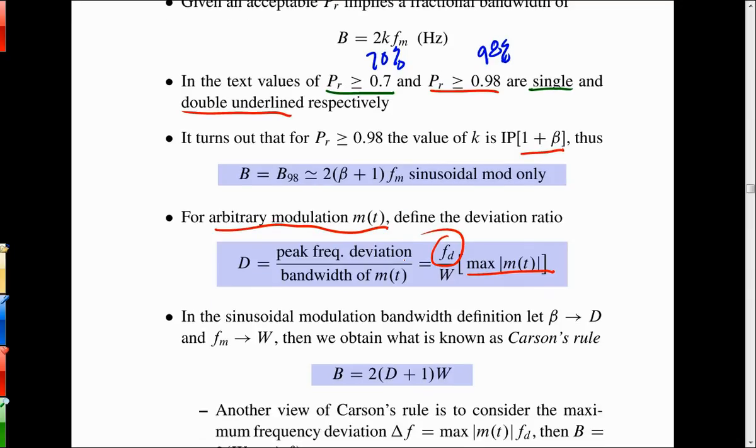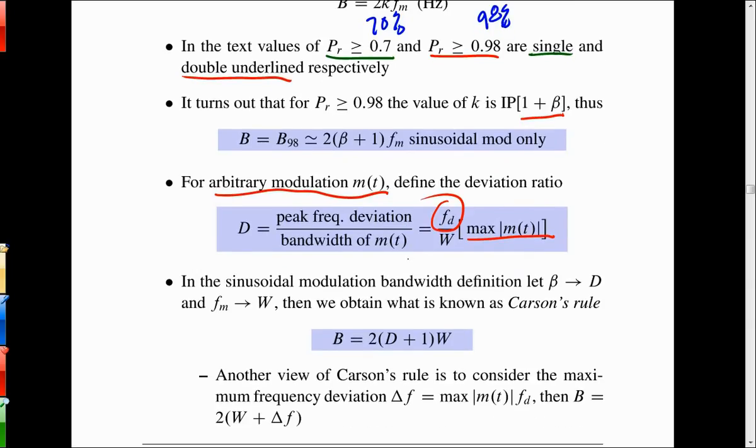And then you divide that by the bandwidth, and that becomes what's called the deviation ratio, of peak deviation to bandwidth of the message. That takes the place of beta, because it's equivalent to beta for single tone frequency modulation, because beta, remember, was FD times A, the amount that it's going to push up, the deviation, divided by FM, which is like the bandwidth for the single tone case.